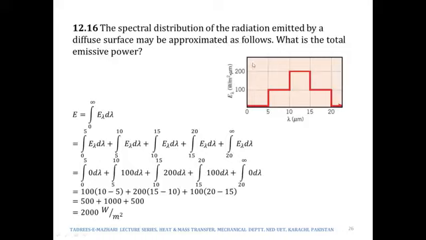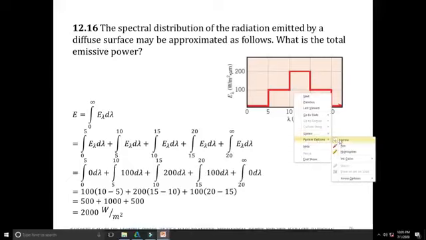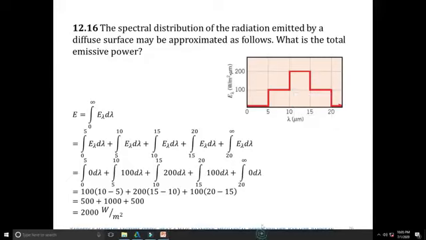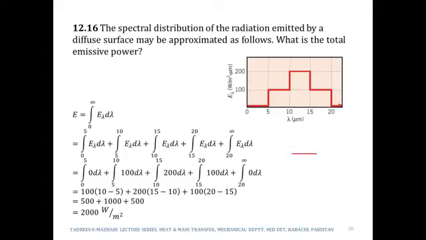What is a diffuse surface? A diffuse surface is one which emits the radiation uniformly in all directions. For example, if I try to draw it here, if this is the surface, what happens in reality is that more radiation may leave in one particular direction than other directions.